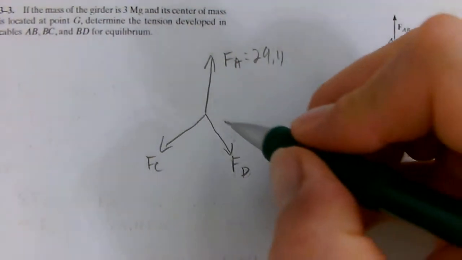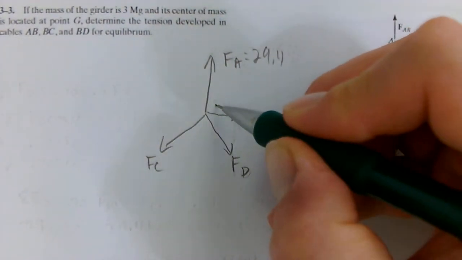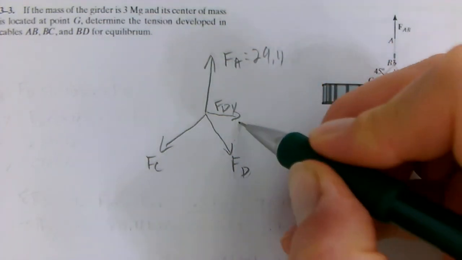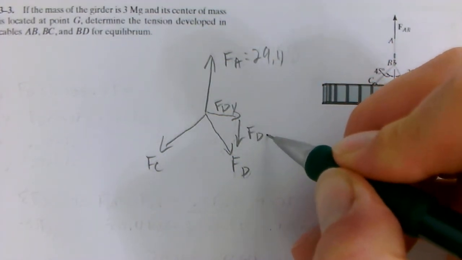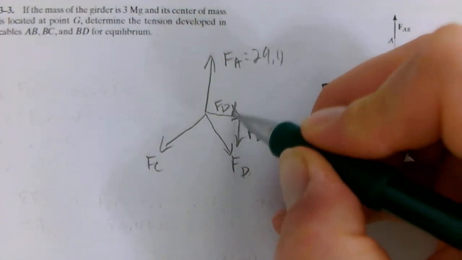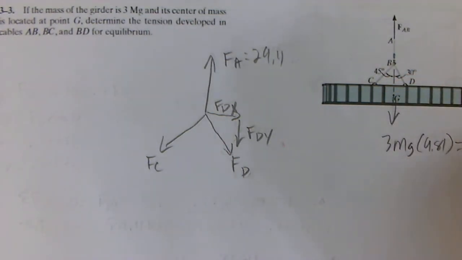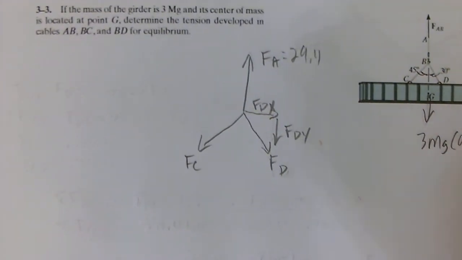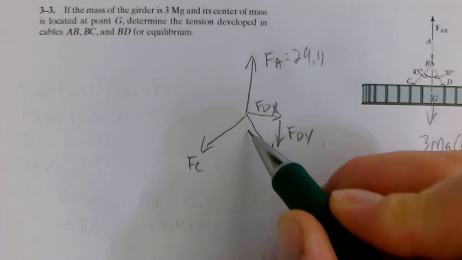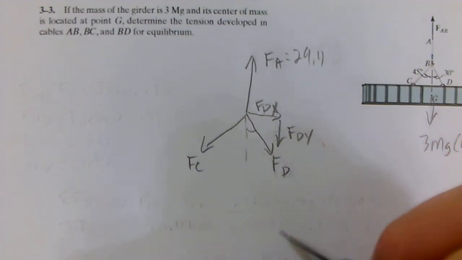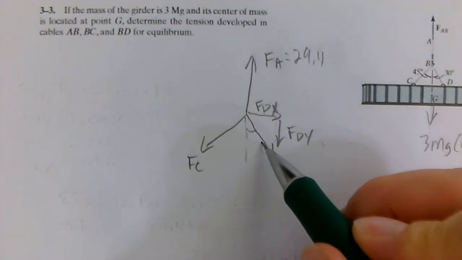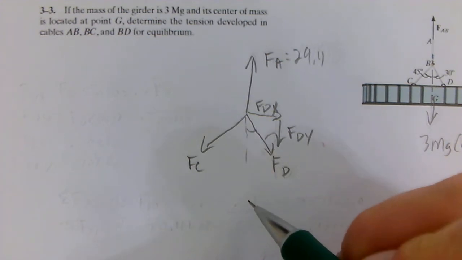Now, FD has two components, FD in the X and FD in the Y. So this is a 30-degree angle here, and so this is a 30-degree angle.